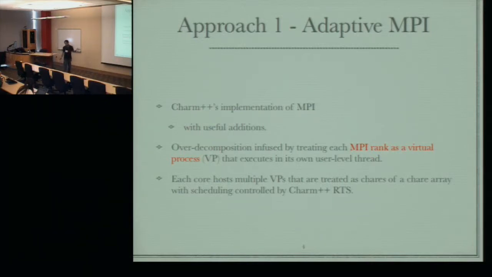One thing which we have been talking about is that over decomposition, as Sanjay mentioned, is fundamental to Charm++. So we infuse the idea of over decomposition into MPI by treating MPI ranks as virtual processes which execute in their own user thread space. From a Charm++ RTS perspective, it sees each of the MPI ranks, or virtual processes, as a chare of a chare array that it is controlling and scheduling.